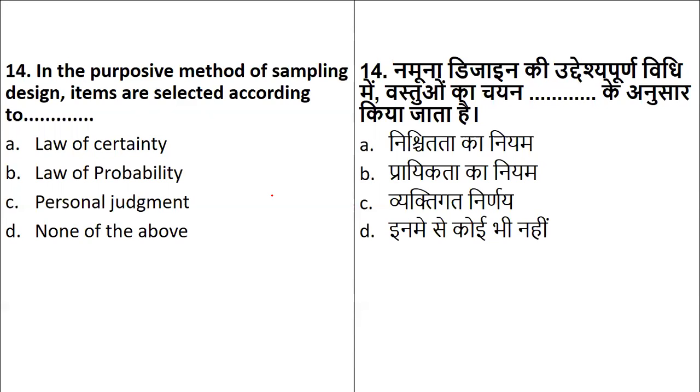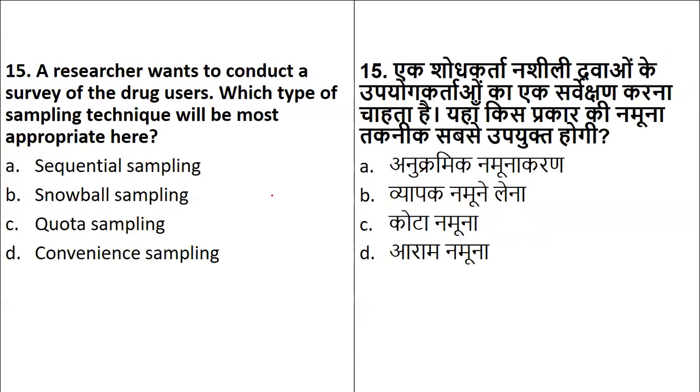Law of certainty, law of probability, a personal judgment, or none of the above. When we talk about the purposive method, it is a personal judgment. You have a purpose, and on the basis of the purpose, you make a personal judgment. So the items are selected as per personal judgment.